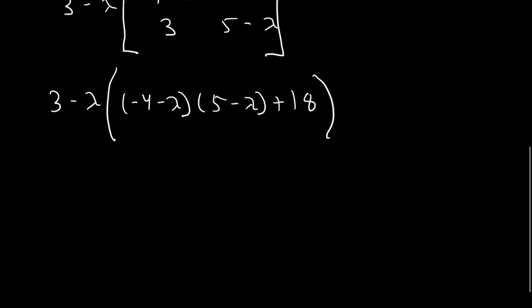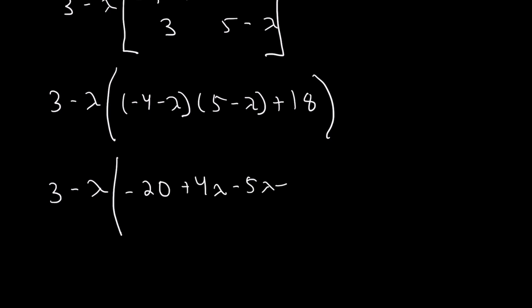All right, so we're going to have to simplify this out, which is going to be -20 plus 4 Eigenvalue minus 5 Eigenvalue plus Eigenvalue squared plus 18.